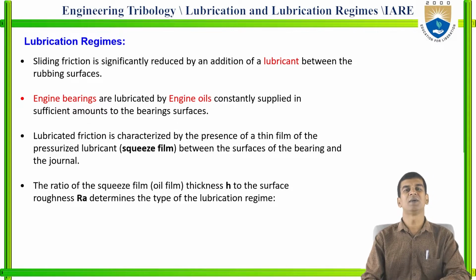These two terms play a major role, H and Ra. H is the fluid film thickness and Ra is the surface roughness.